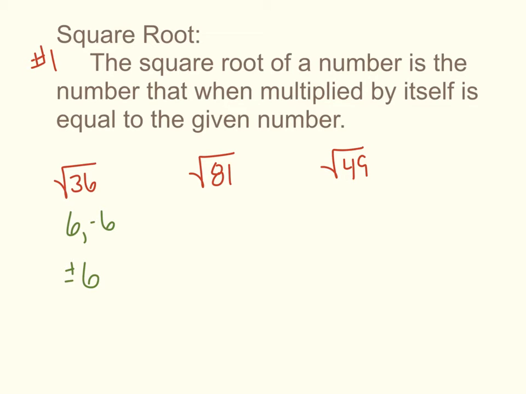So for the square root of 81, you have the possible solution of 9, but you also have negative 9. For 49, you have the square root of 49 equaling 7 and negative 7. I've told you to write this definition in your notes. If you don't quite understand this, make sure you write down a few examples as well.